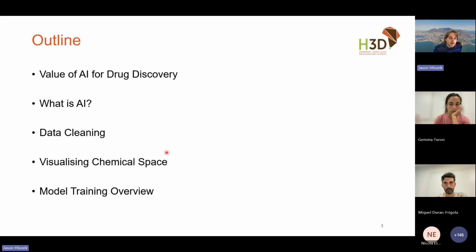Then we'll look at plotting that data in chemical space and visualizing how compounds compare to each other, and discuss some machine learning model aspects around that. Then we finish with the overall machine learning model training pipeline, not for you to be able to train your own models, just to understand the concepts around what goes into training a model so that when you use them, you understand what to look for and what to watch out for.